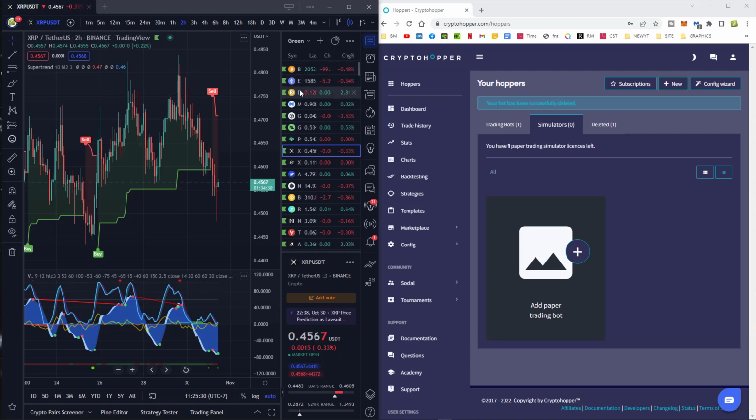You could go 1, 2, 3, 4, 5, 6, 7, 8, 9, 10. You could test 10 coins on 10 different time frames and let it run for a while, maybe a week, and see which one brings you the best profits. Alright, that is a really good idea.